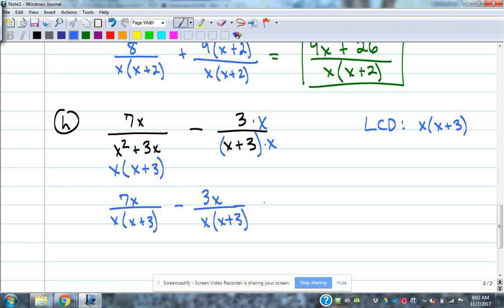Common denominator has been found. We do the operation then. What's 7x minus 3x? 4x over x plus 3. Will that simplify any? There's an x and an x there, right? They'll cancel each other out. 4 over x plus 3.